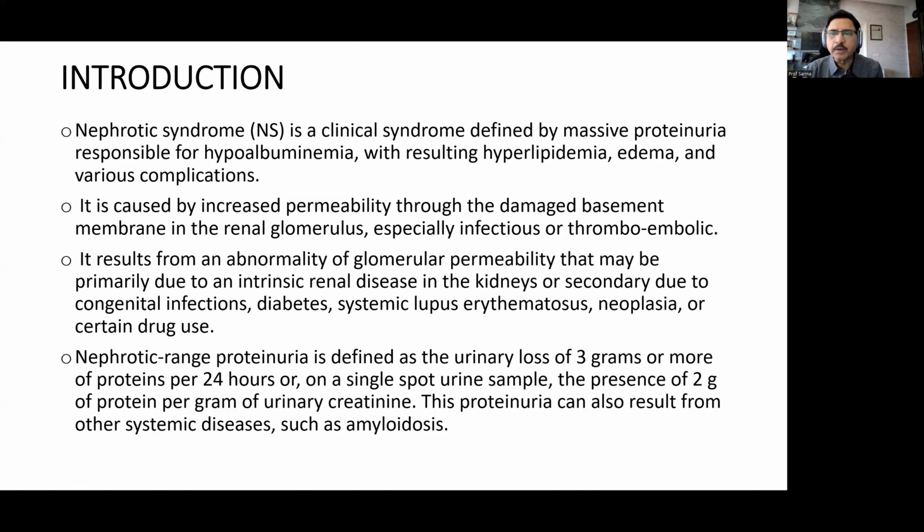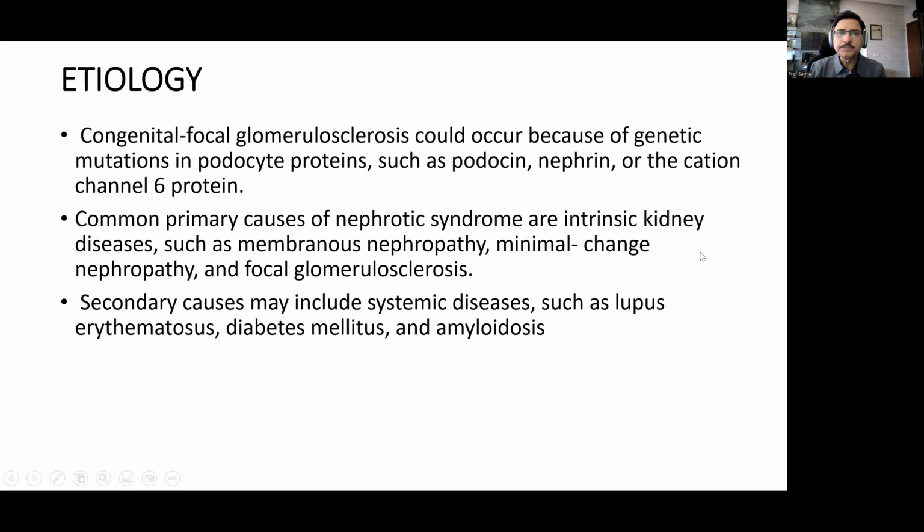This proteinuria can also result from other diseases also, particularly pregnancy. The third trimester of pregnancy can produce nephrotic range of proteinuria, which is a feature of the preeclampsia. So these are the salient points we have to hit a nail in this particular slide. Okay, let us go.